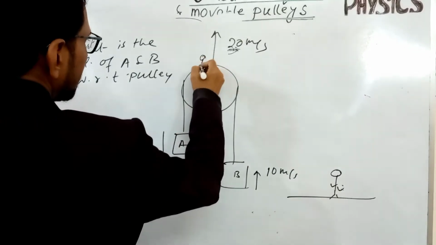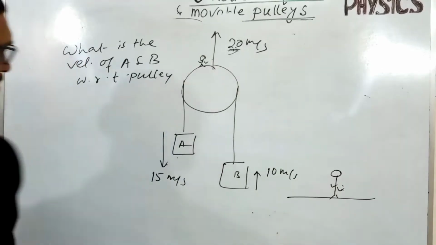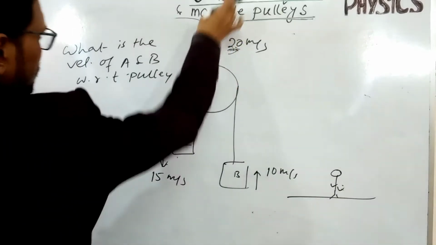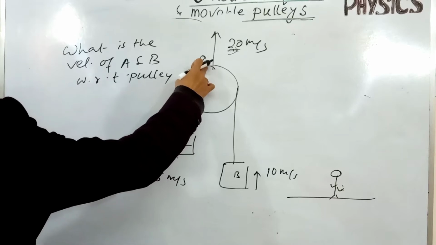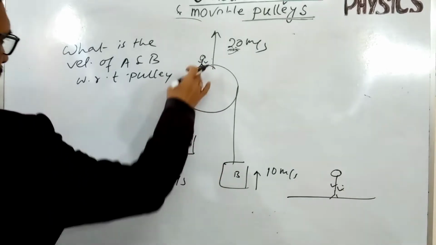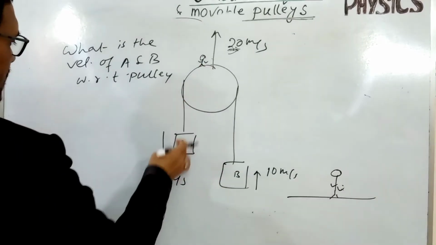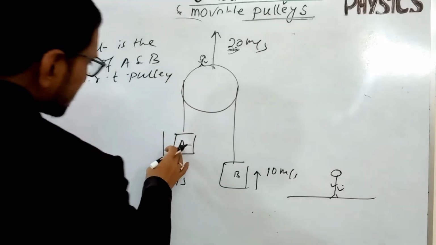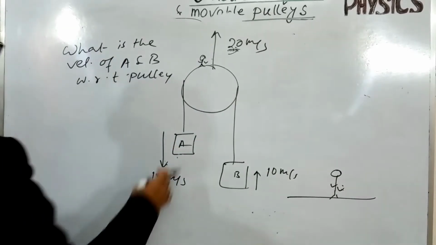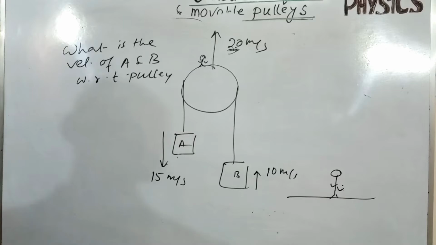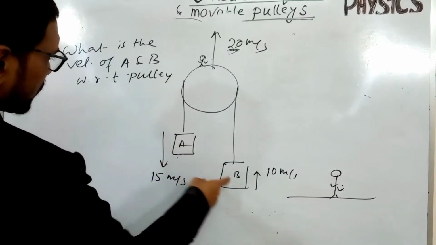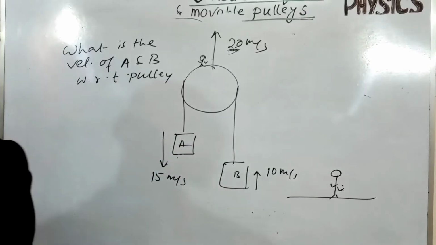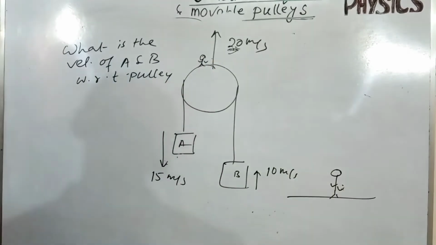If a man is on the pulley and pulley is movable with velocity 20 meter per second upward, then with this man, what is the velocity of block A and B? That is, at what velocity the man can observe, that is for what velocity the block A and B moves with respect to this man.